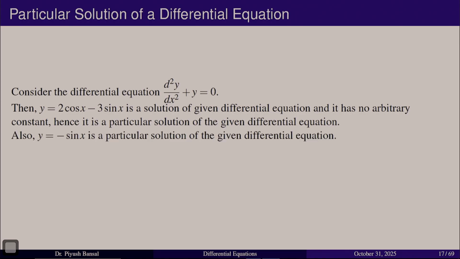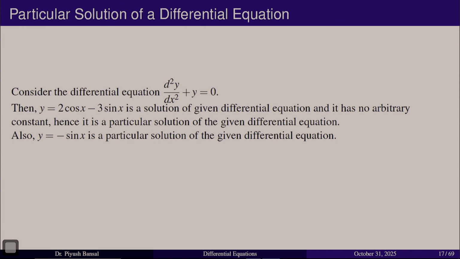As another example, when you take a as minus 1 and b as 0 in the general solution, then we get y equal to minus sin x. This is again a particular solution of the given differential equation. We can note one thing from here, that 2 cos x minus 3 sin x is a particular solution and minus sin x is also a particular solution.